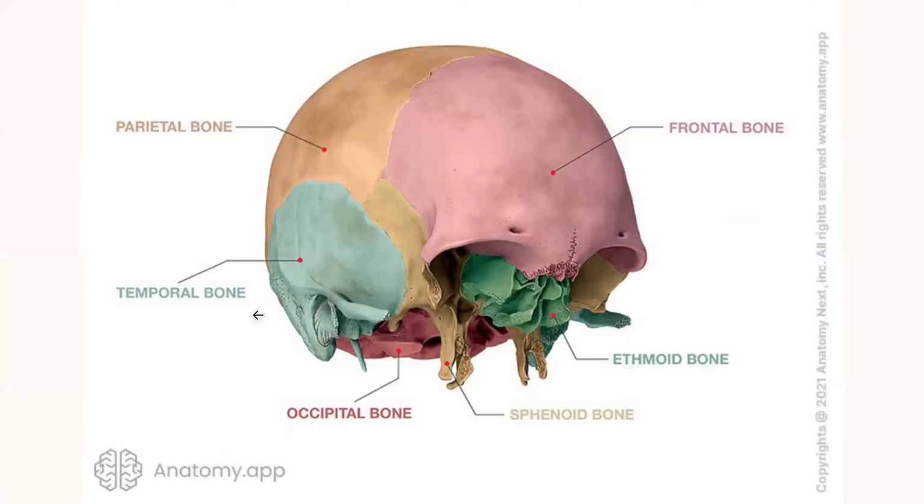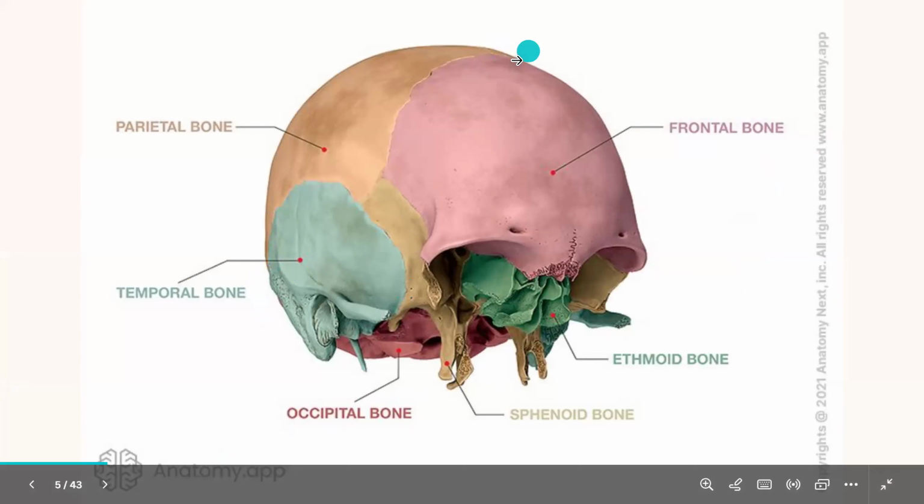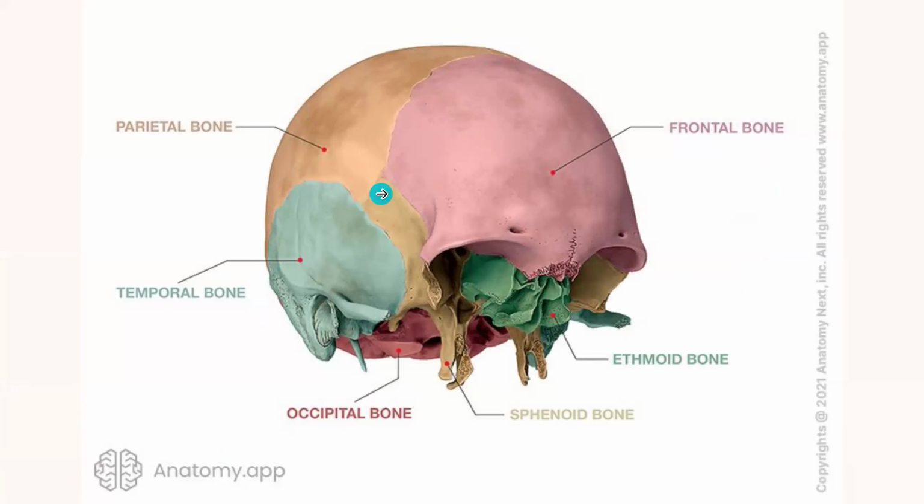The neurocranial bones are flat bones connected to each other by immovable sutures. The first of them is the frontal bone, located anteriorly, forming the forehead. So when you touch your forehead, you are actually touching your frontal bone.